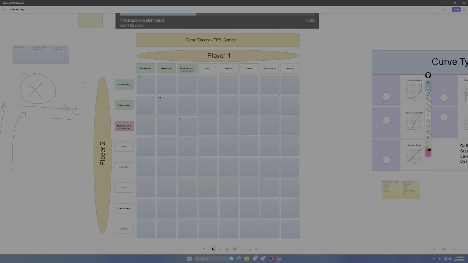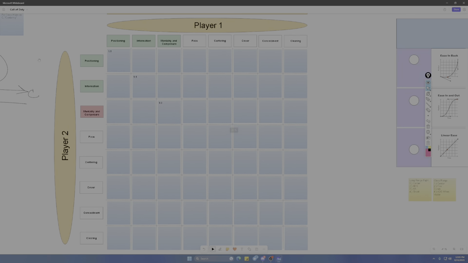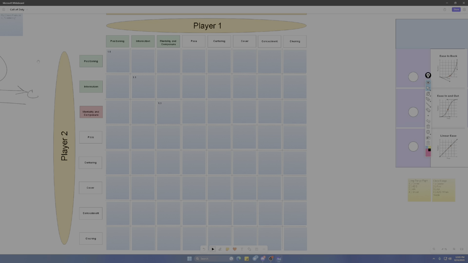So mentality and composure is knowing what you need to do and win, not blowing your chance, like trying to do some crazy jump shot too early, jumping right into someone's crosshairs if it's a 50-50 gunfight.